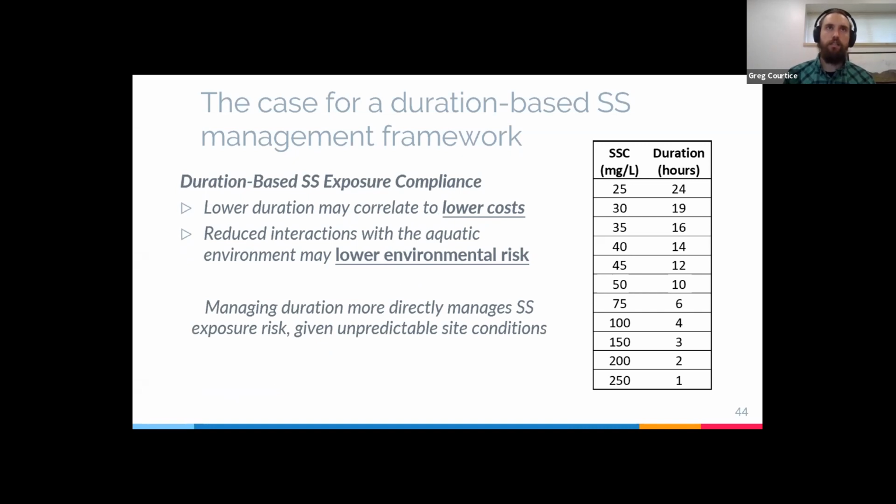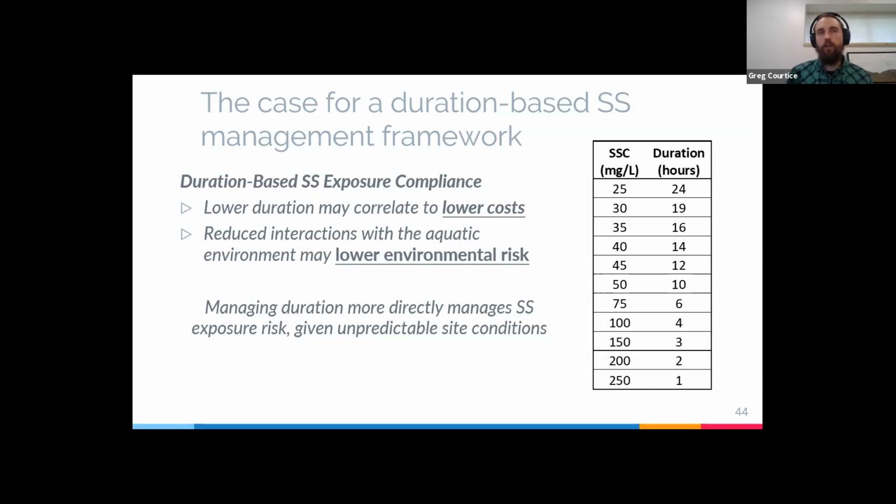So ultimately, this can create a connection between duration and cost, because if we don't have the downtime, if we don't have the standby, lower duration does correlate to lower costs. But if we're looking at the total amount of interactions with the ecosystem, it may also correspond to lower environmental risk.